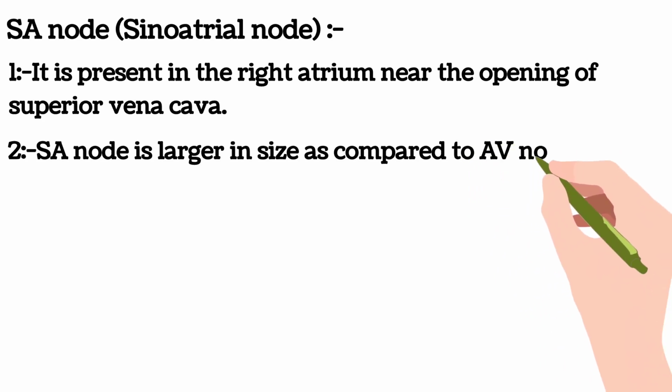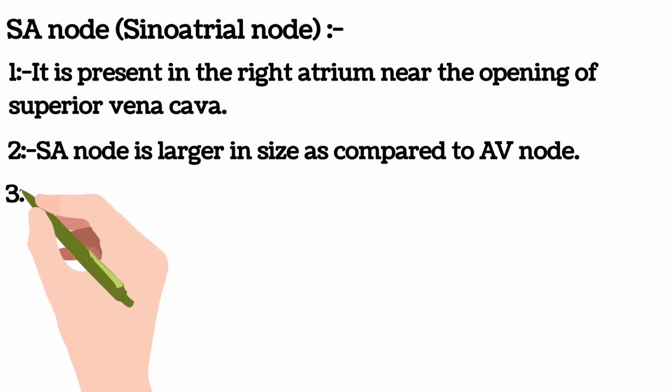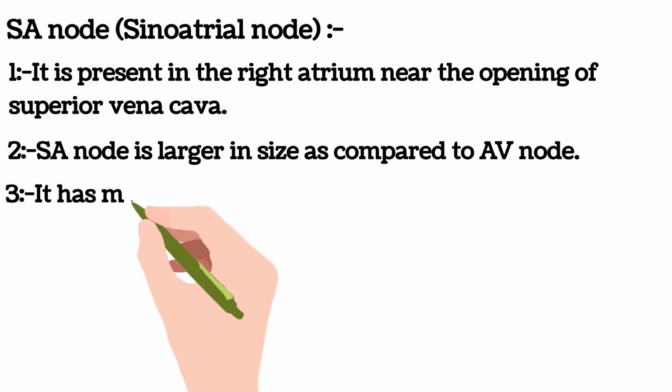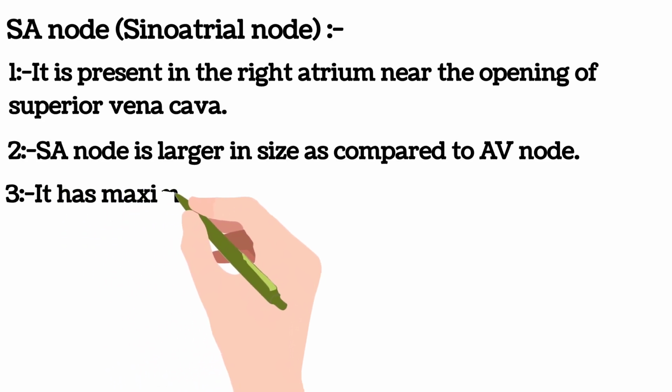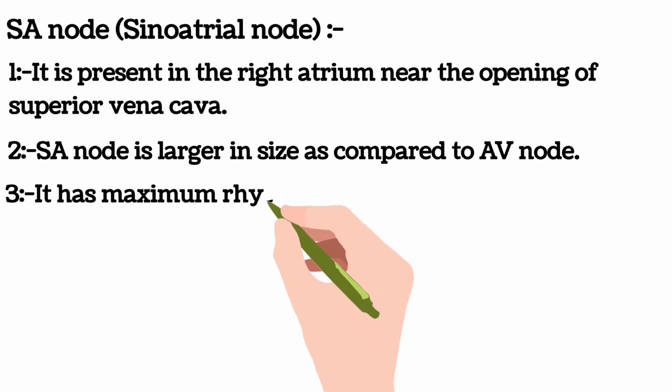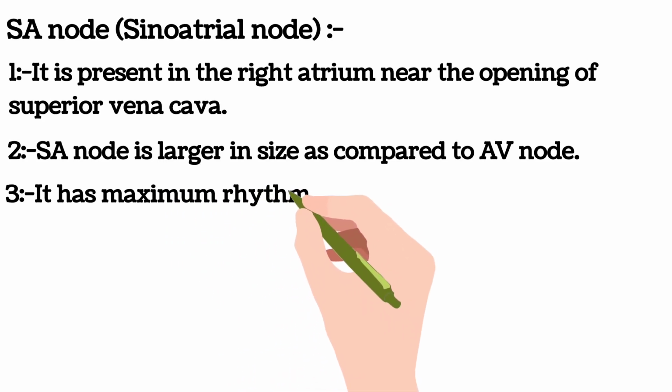So the second difference is that the sinoatrial node is larger in size as compared to the atrioventricular node. It has the maximum rhythmicity.